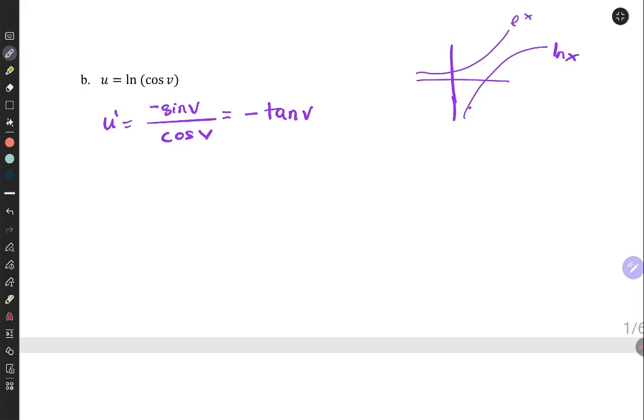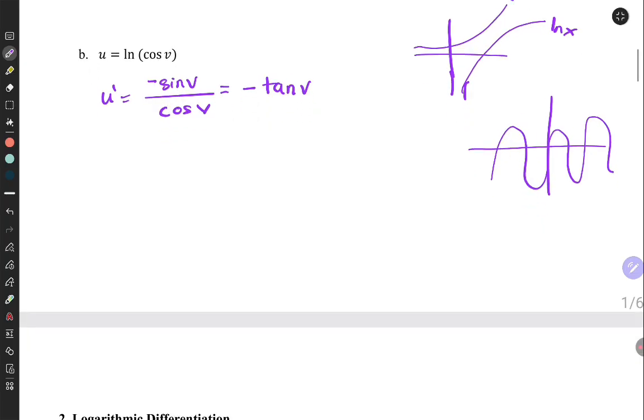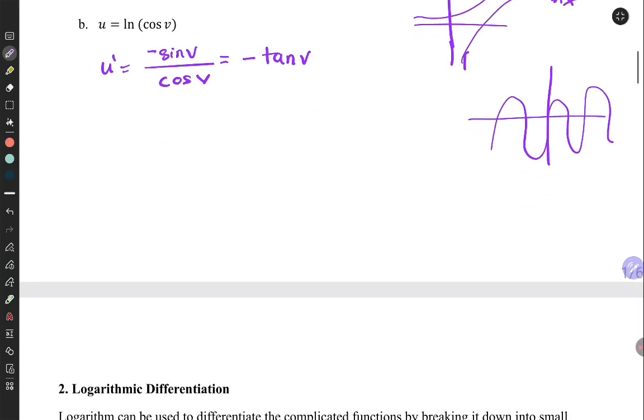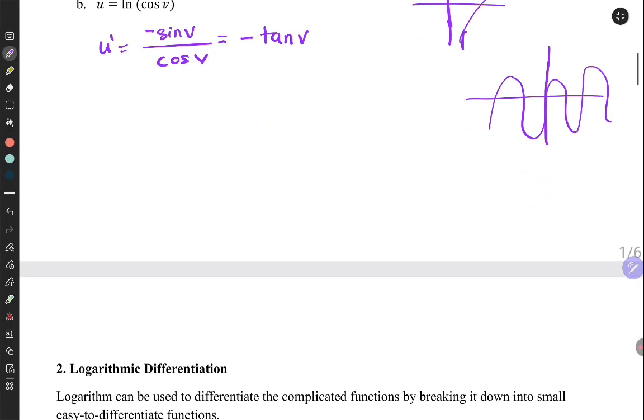Somehow you can translate one to something like the other. That is advanced, very advanced. Logarithm differentiation.